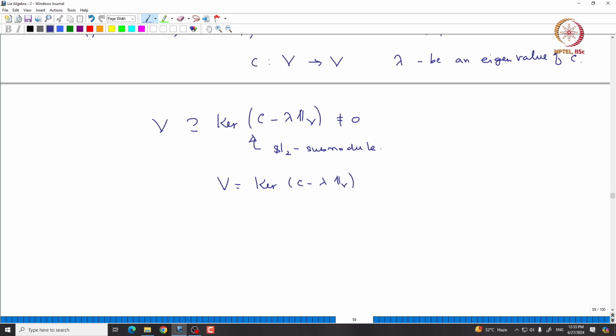This argument can be generalized to any algebra or any semisimple algebra and so on. This is called Schur's lemma.